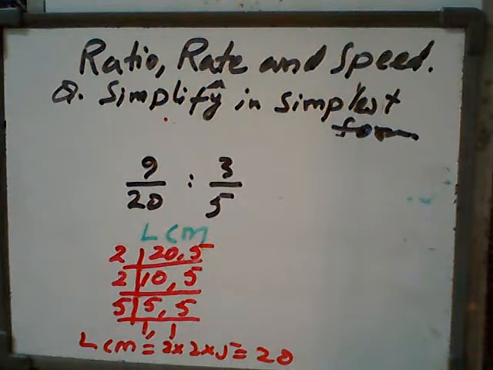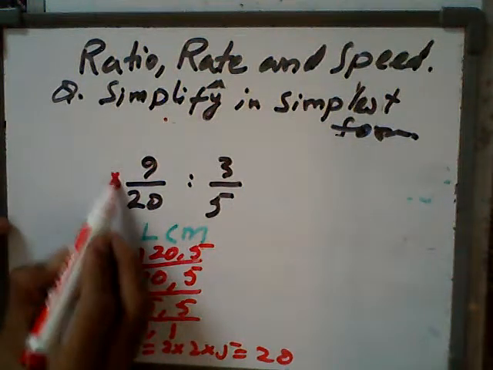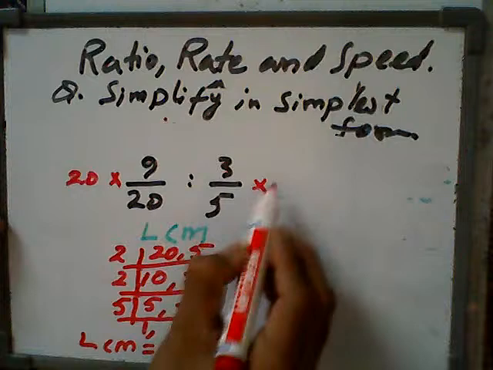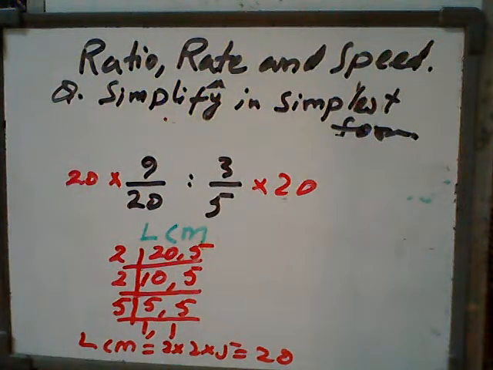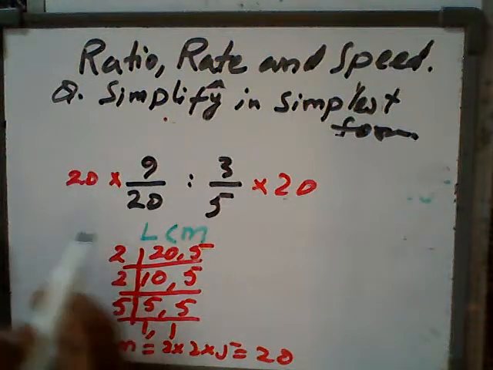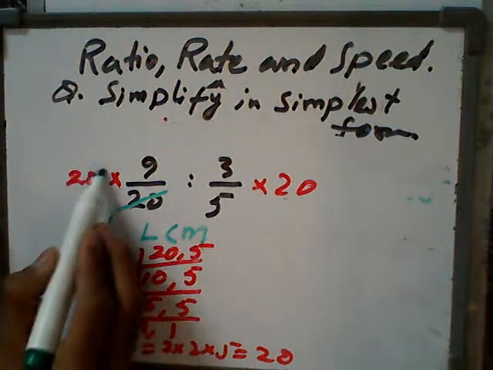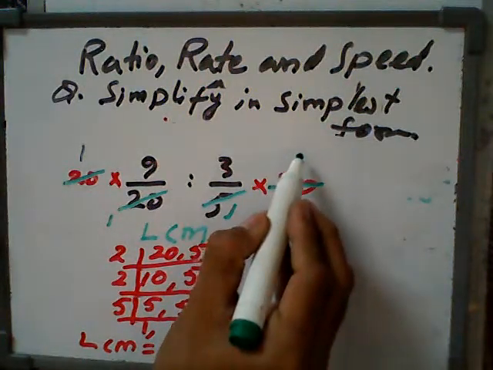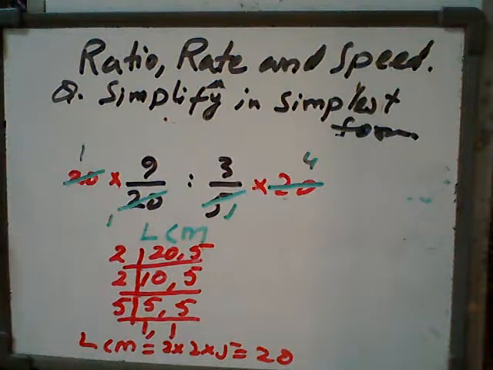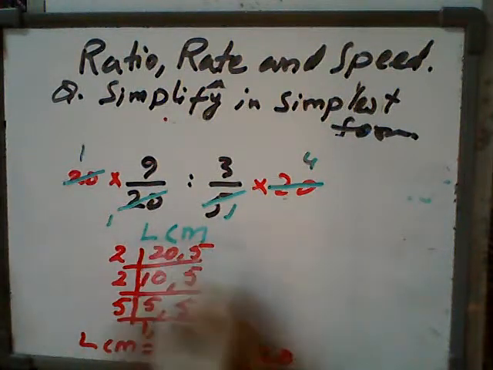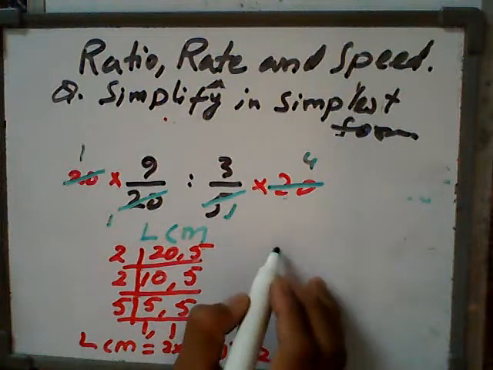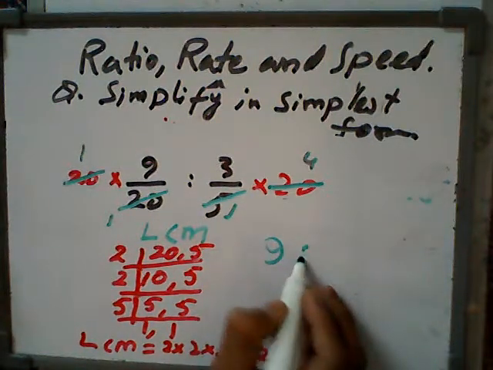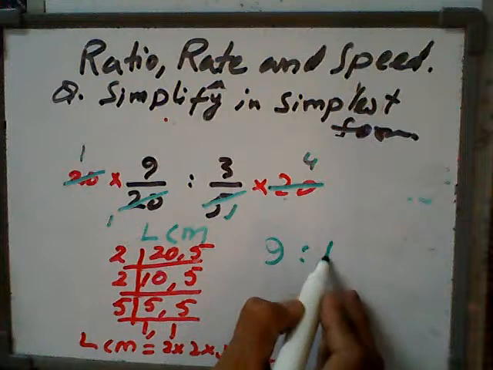So we'll be multiplying each term of the ratio by 20. This gives us a simplification removing the denominator. 20 ones are 20, 5 ones are 5, 20 divided by 20 is 1 and 5 fours are 20. So this will give us 1 nines are 9 ratio, 3 fours are 12.